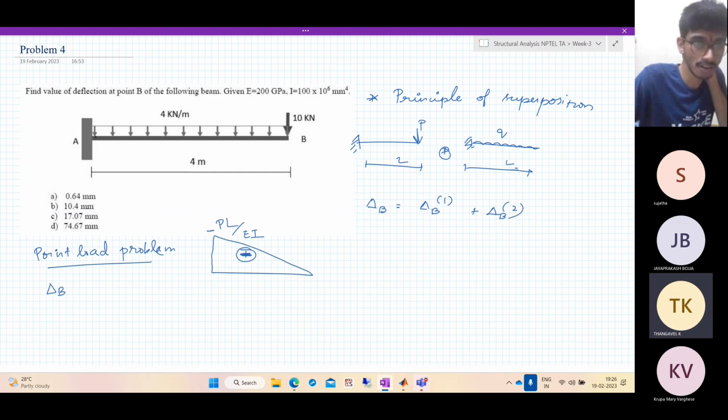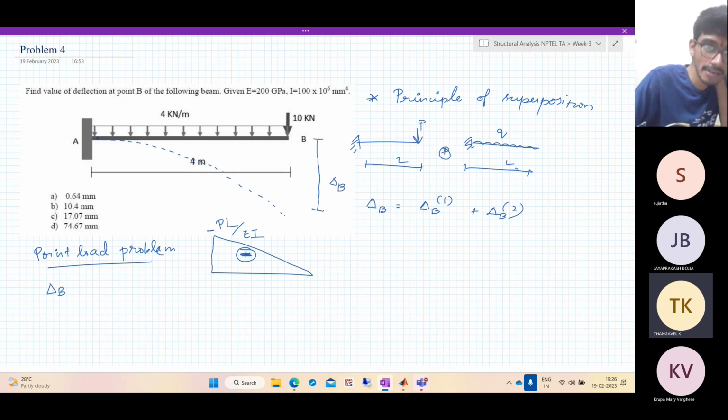Now it helps. Let us sketch the elastic curve. It will be something like this. It's exaggerated. This is delta B. But if you draw a tangent at the point A, since A is a fixed support, it has to have zero slope.